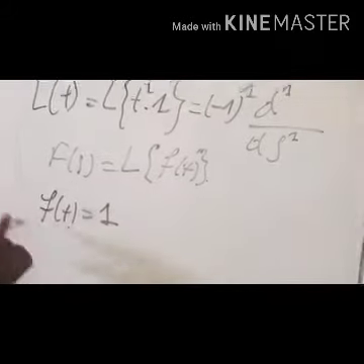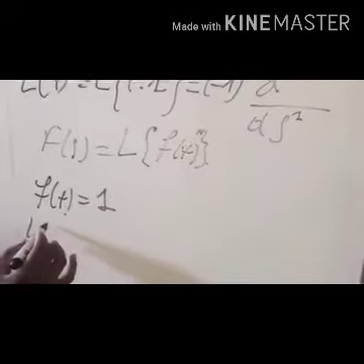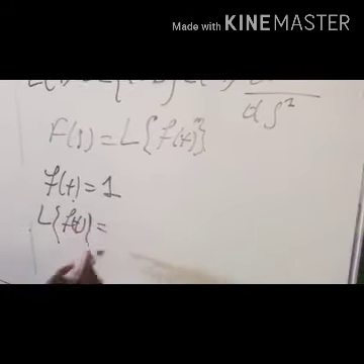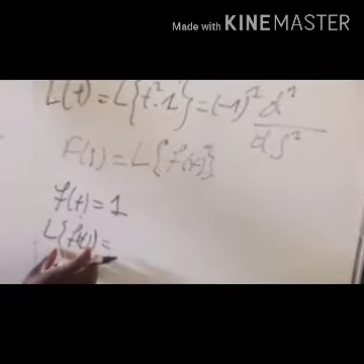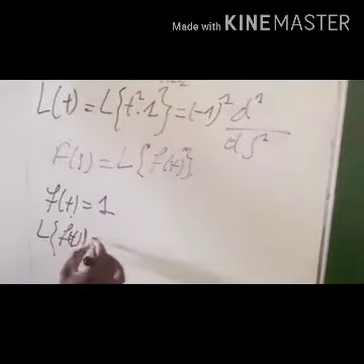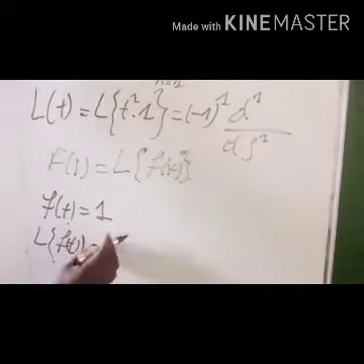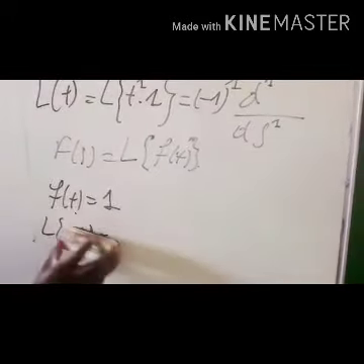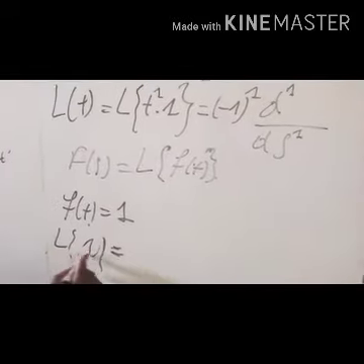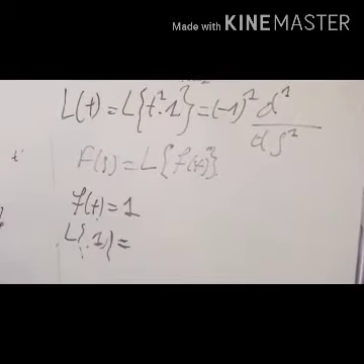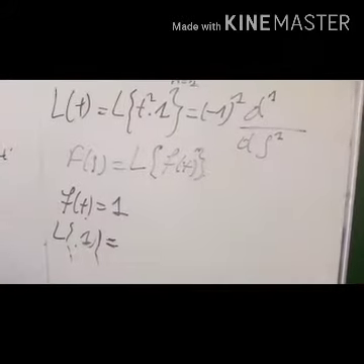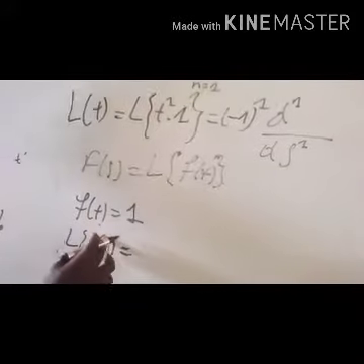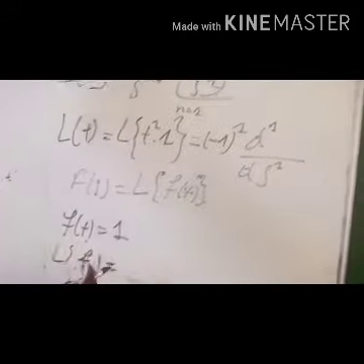If f(t) is equal to 1, we calculate the Laplace transform of f(t) using the formula n factorial over s^(n+1). The Laplace transform of 1: since 1 is equal to t^0, by comparison n is equal to 0.